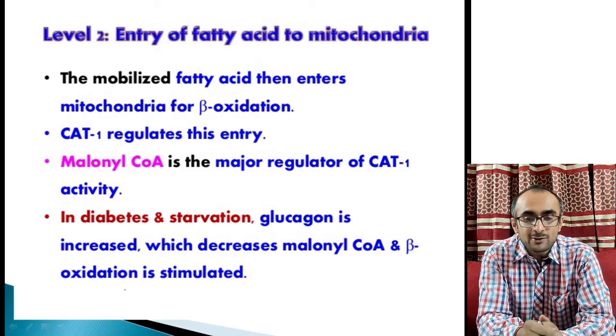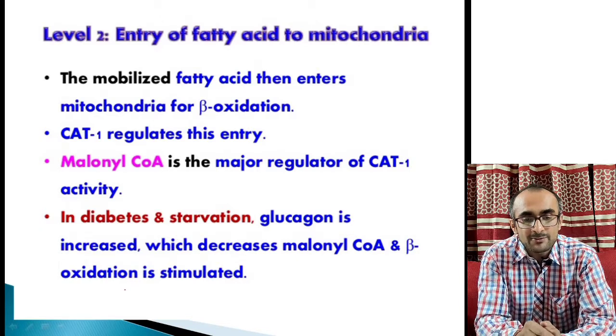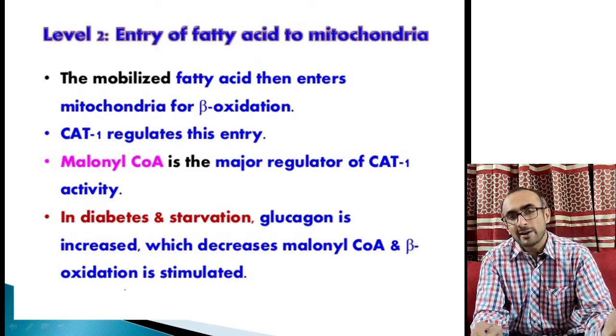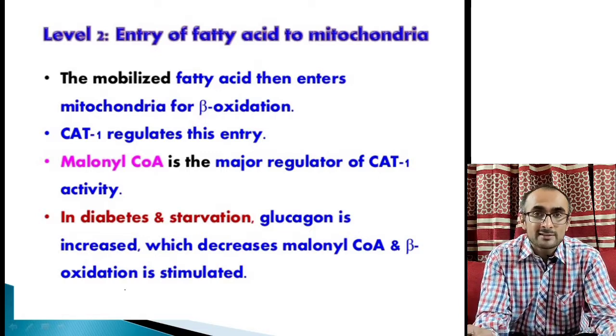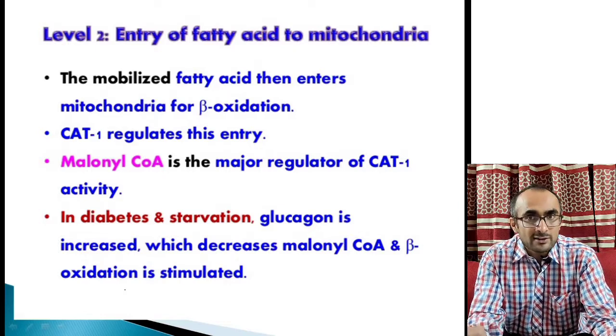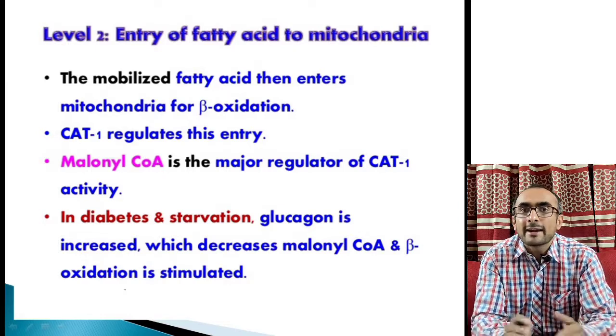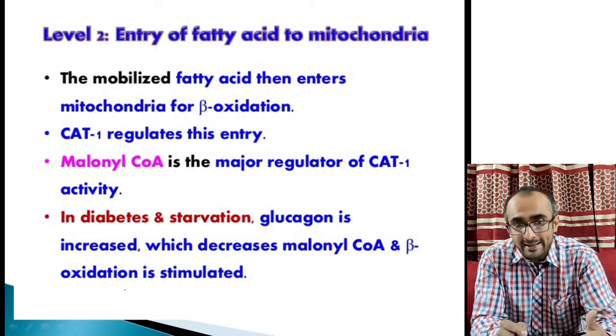The second level is entry of fatty acid into mitochondria, because if fatty acids are not able to enter the mitochondrial matrix, there will not be any beta oxidation, there will not be any acetyl-coenzyme A production in the matrix of mitochondria, and hence ketogenesis will not be there.